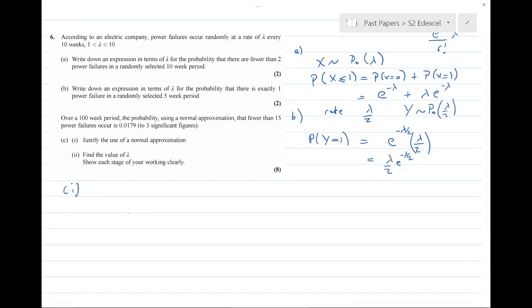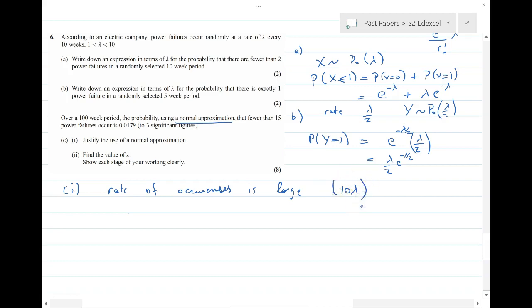It tells us we're using a normal approximation, and what we can say is that a normal approximation is justified since the rate of occurrences is large, because it's 10 lambda and we know lambda is at least 1.